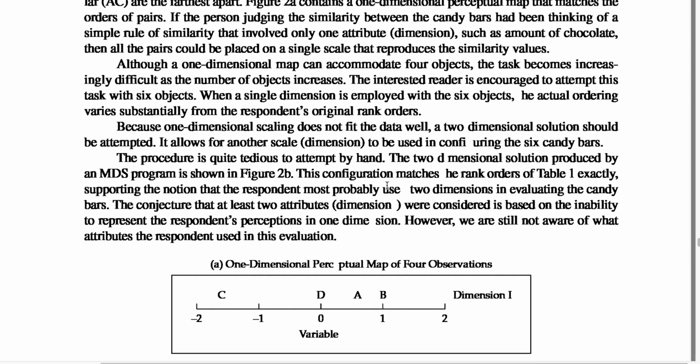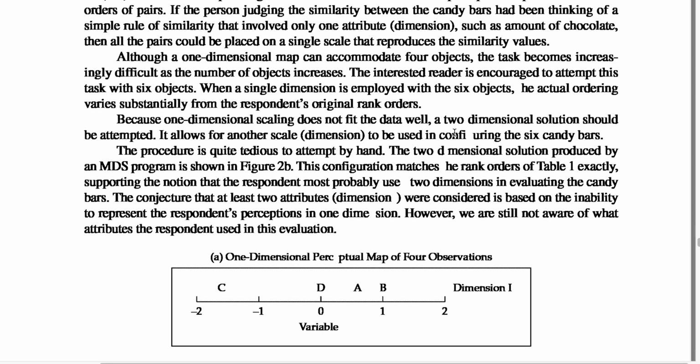Because one-dimensional scaling does not fit the data well, a two-dimensional solution should be attempted. It allows for another scale dimension to be used in configuring the 6 candy bars. The procedure is quite difficult to attempt by hand. The two-dimensional solution produced by the MDS program is shown in Figure 2b.